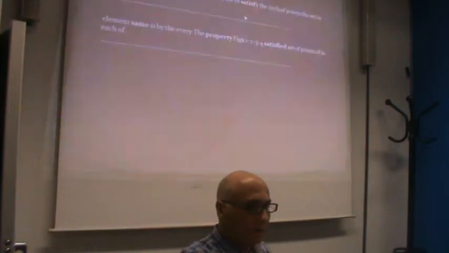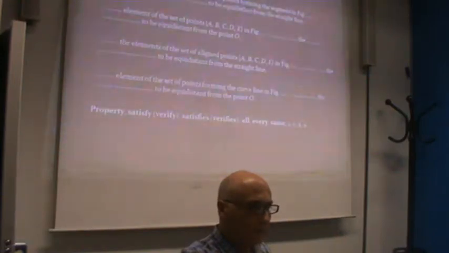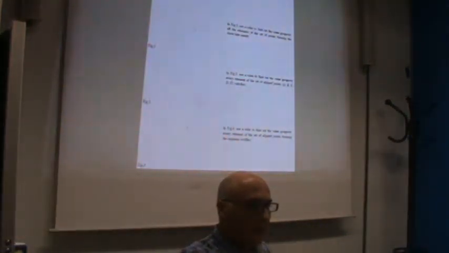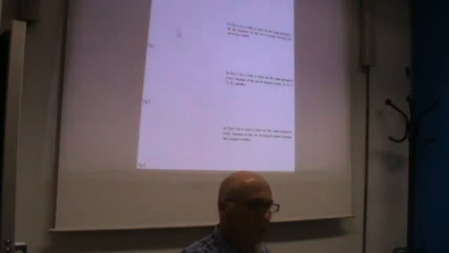In this exercise, the students have to use a ruler to check if there are other points in the drawing shown in these figures satisfying the same property satisfied by the set of points shown in the figure.